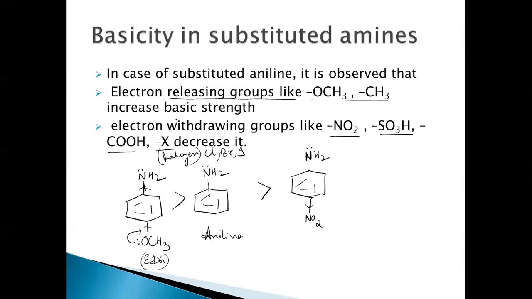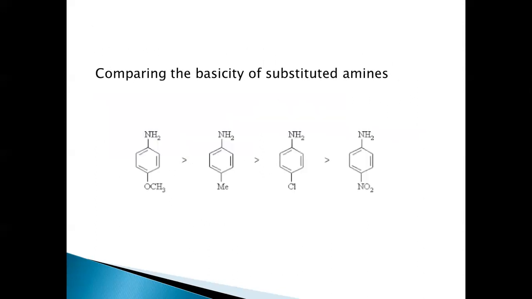In other words, we can simply sum up that electron releasing groups increase the basic strength, electron withdrawing groups decrease the basic strength of anilines. This is what substituted anilines show. So when it is substituted by OCH3, this is more basic because it's donating the lone pair of electrons into the ring by means of plus M effect.